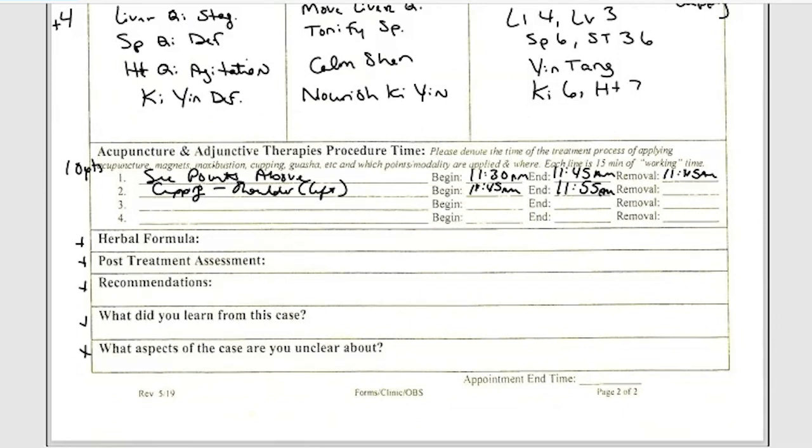So there may or may not be an herbal formula. If there's not, NA. And then poof, you get 0.25 points. Post-treatment assessment. How did your patient feel afterwards? My patient felt great. Shoulder pain decreased to 0.